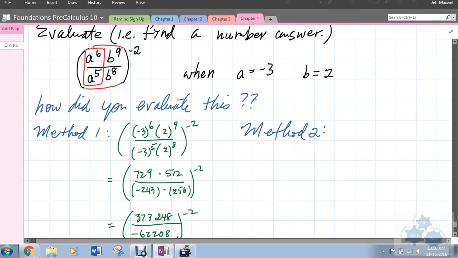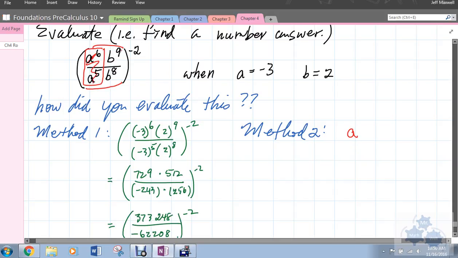So instead of plugging numbers in first, look inside here to see how you might simplify this. This is what it would look like. a to the 6 divided by a to the 5 is a to the 6 minus 5, which is a to the 1, or just a. So this simplifies to a.